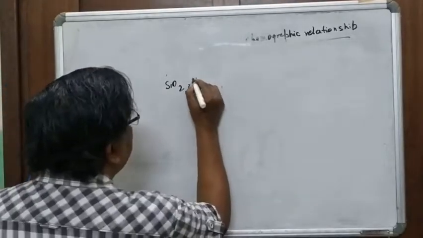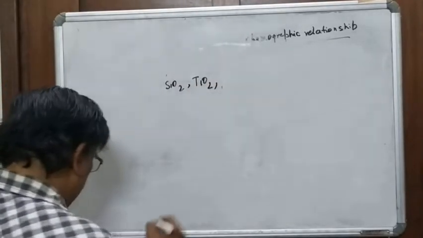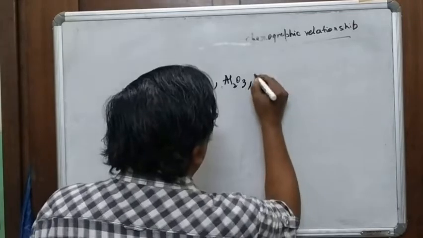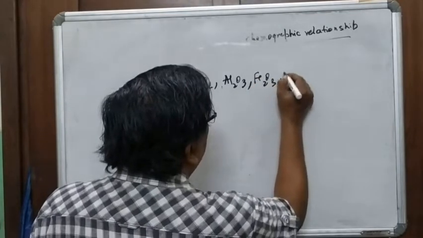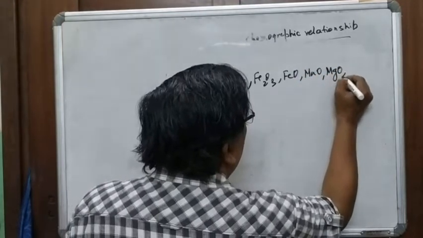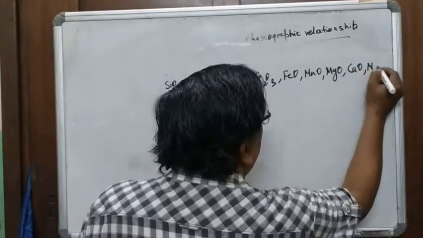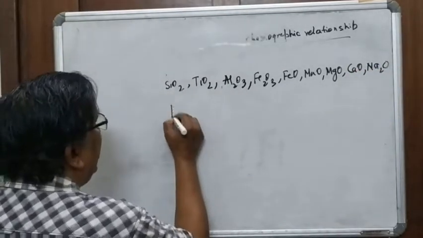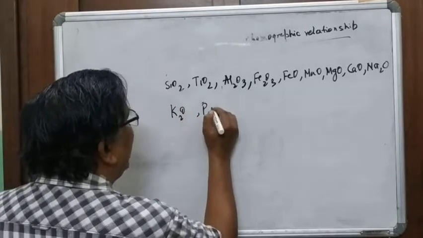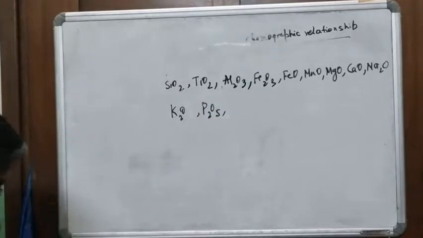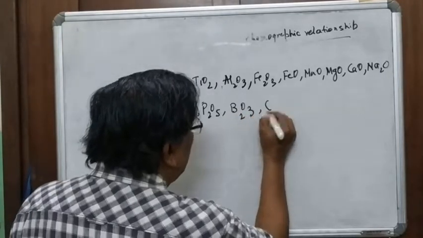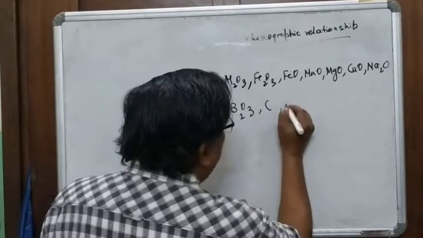I will see it right because otherwise I might make a mistake. SiO2, TiO2, Al2O3, Fe2O3, FeO, MnO, MgO, CaO, Na2O, K2O, P2O5, B2O3, C is carbon, S is sulfur.